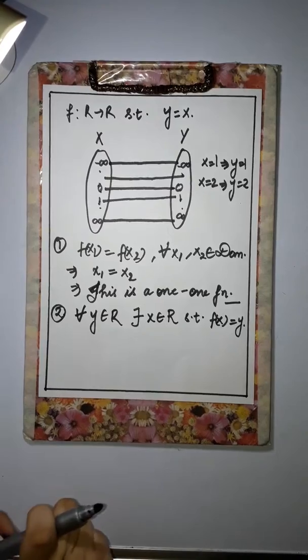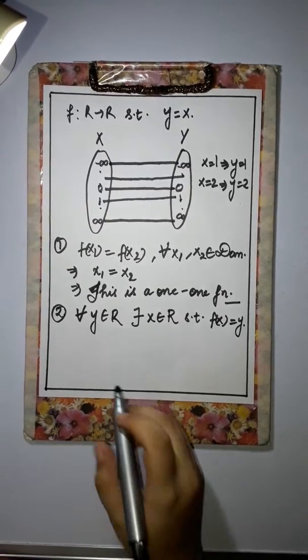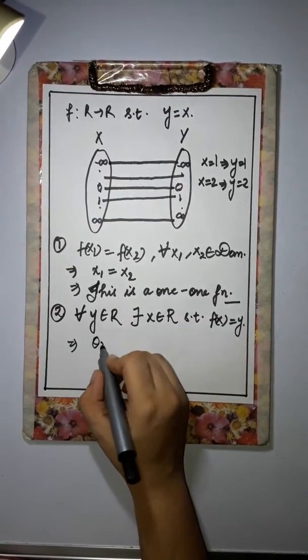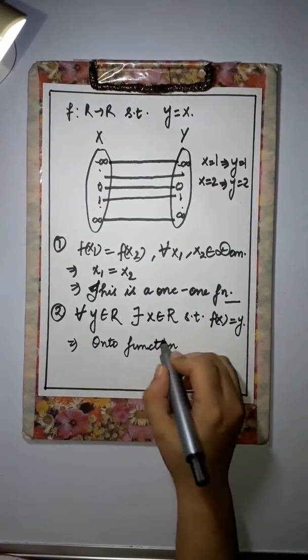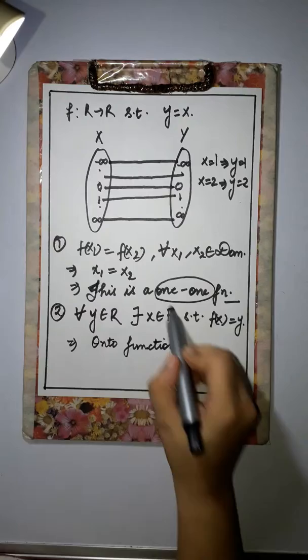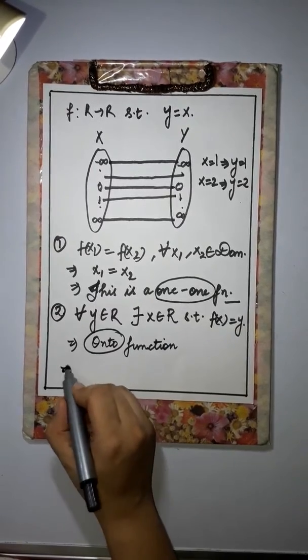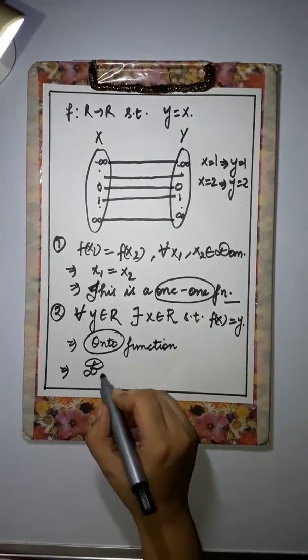So this implies that this is an onto function, and these two imply that this is a bijective function.